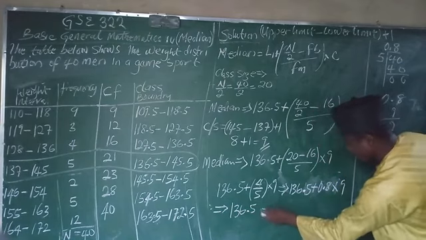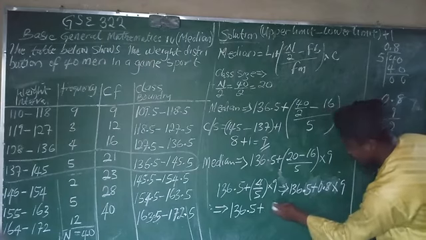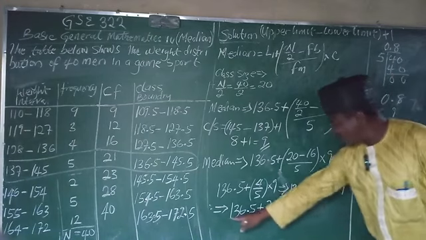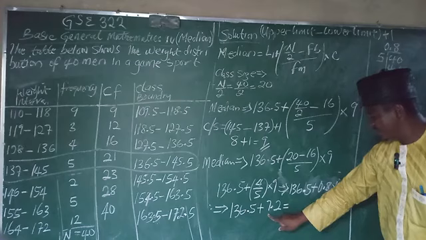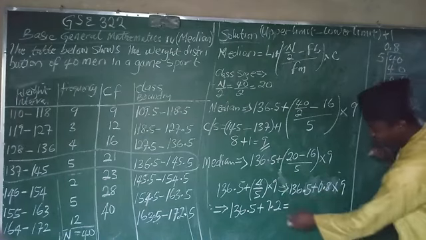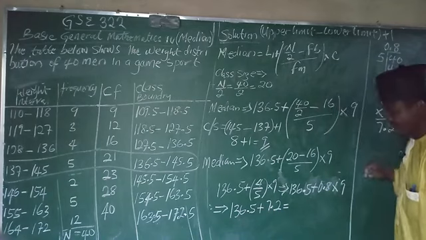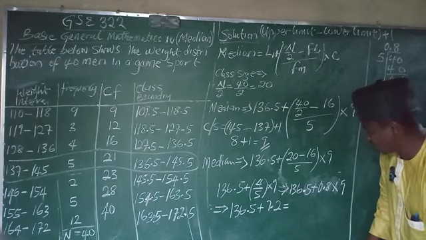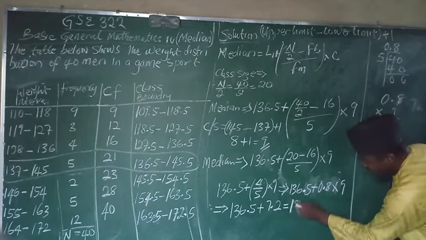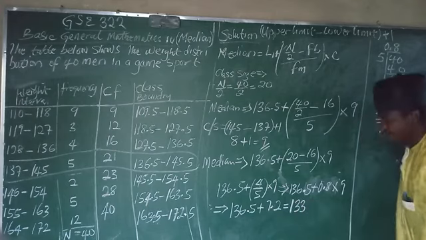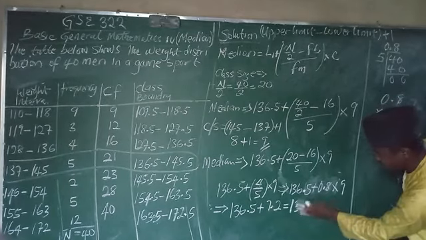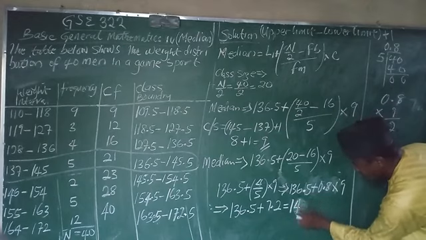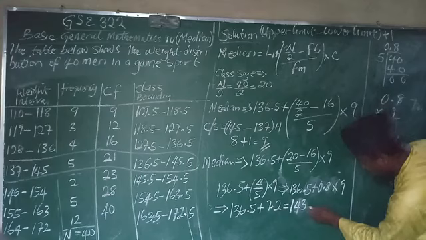Therefore, we now have 136.5 plus 7.2. 136 plus 5 plus 7.2 is very simple. We just add this 7 to this 136. 7 plus 136 gives us 143.